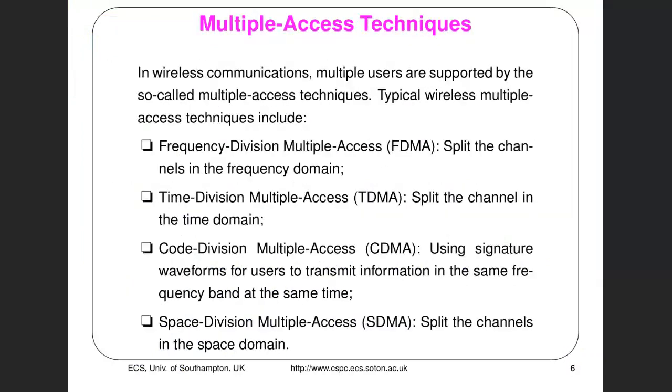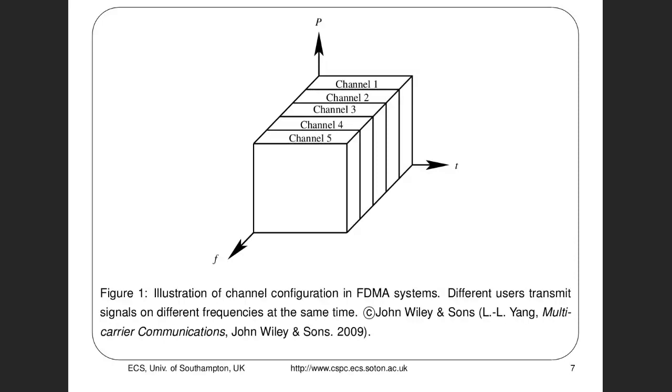And the first technique we learned in this course was called multiple access techniques. The first option is FDMA, which is when different users are differentiated in frequency domain. So different users use different spectrum resources.